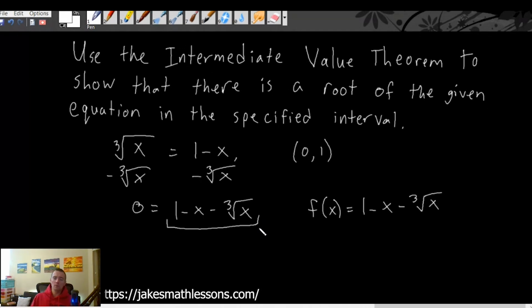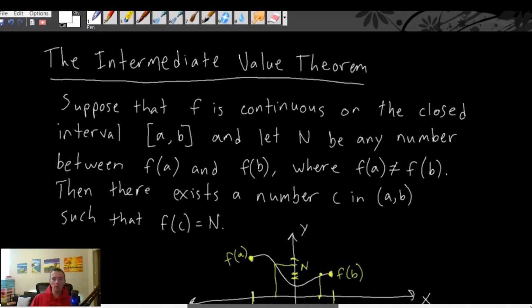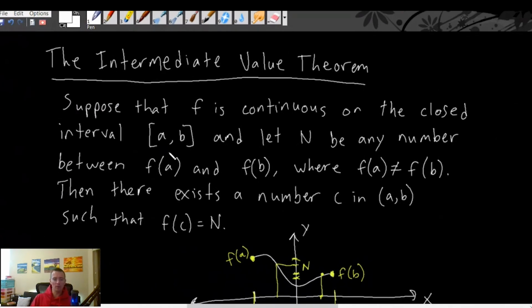Basically, let's think about this piece by piece here, thinking about what the intermediate value theorem tells us. It tells us that we have a function, in this case, that is going to be continuous on the interval of 0 to 1. And looking back here to the intermediate value theorem, we want to look at the endpoints of that interval, so f of a and f of b.